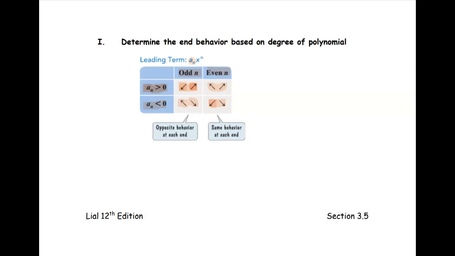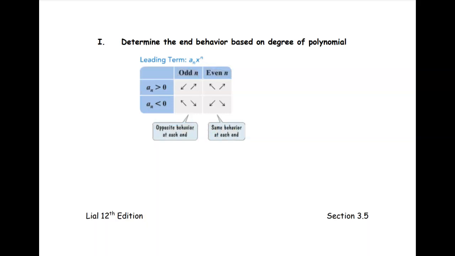To help us remember this: if the degree is odd, the end behavior will be opposite at each end. And if the degree is even, the end behavior will be the same at each end.